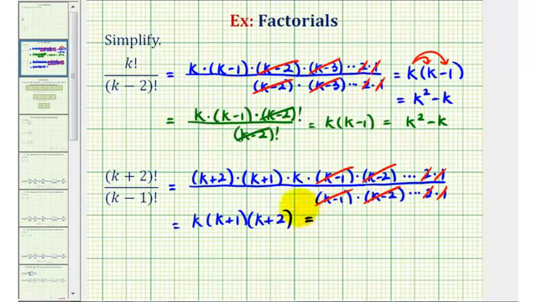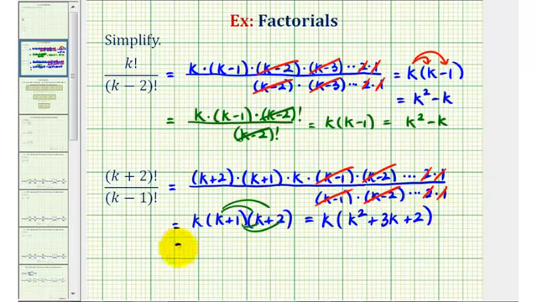I'll go ahead and multiply this out. Let's multiply the two binomials first. So we would have k times k squared. Then we have k times 2, that's 2k. 1 times k is 1k, so that's plus 3k plus 2.